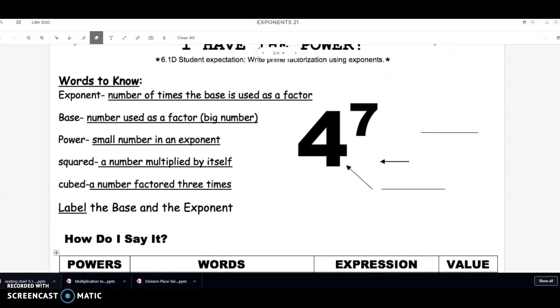These are words that you need to be familiar with. Hopefully there'll be something in here that you don't already know. All right, so the exponent, the number of times the base is used as a factor, the number of times it's multiplied. So this is our exponent, the little number.